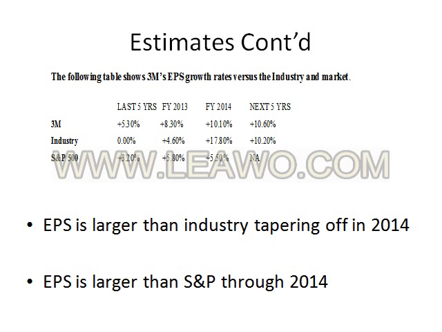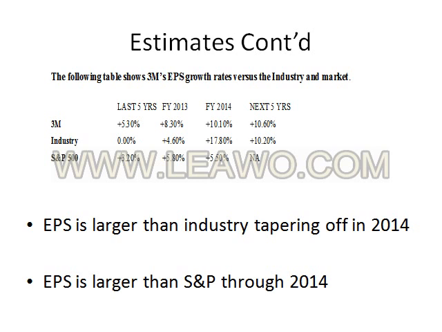Earnings estimates continued. We have here a table that shows 3M versus its industry and the S&P 500. It looks at the last 5 years, 2013, 2014, and also the next 5 years.